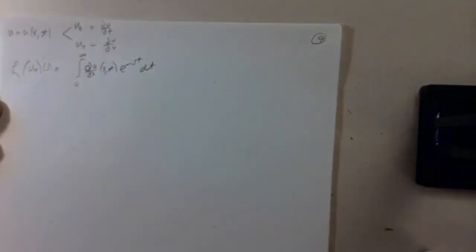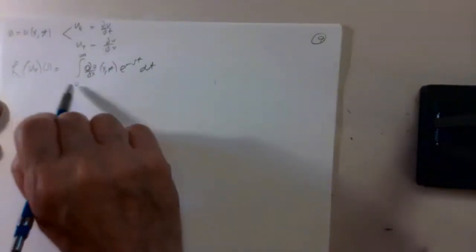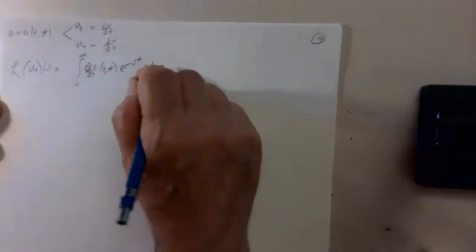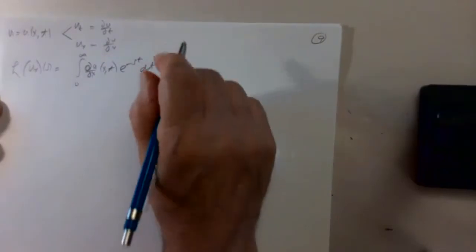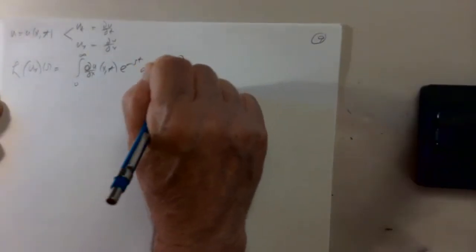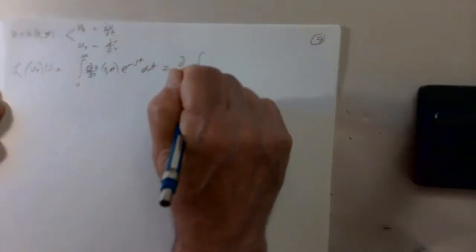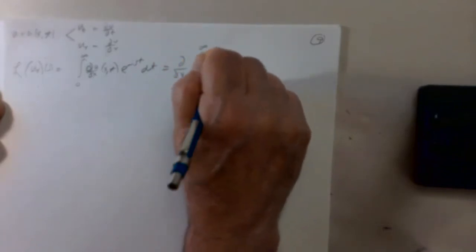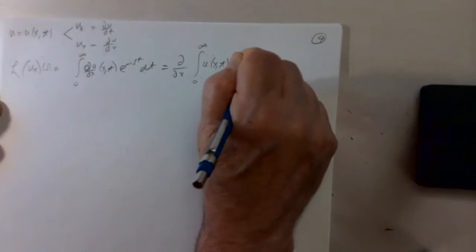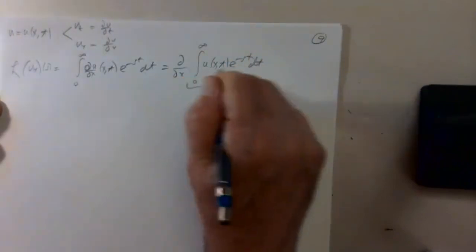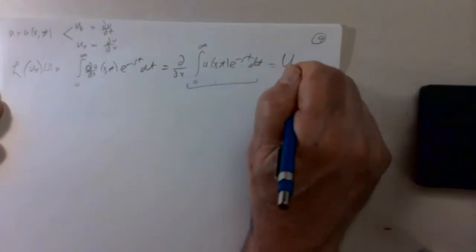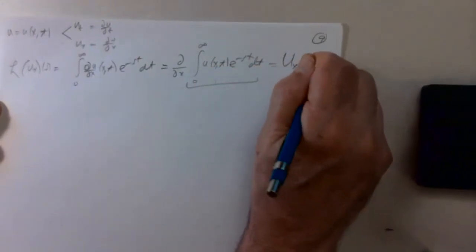And if u has continuous partial derivatives, I can interchange integration and differentiation. This is a theorem in advanced calculus, but we're going to use it. This is the partial with respect to x of the integral from 0 to infinity of u of x, t, e to the minus st dt. This is the partial of the Laplace transform of u with respect to x at x and s.